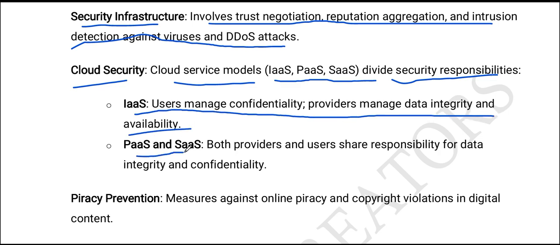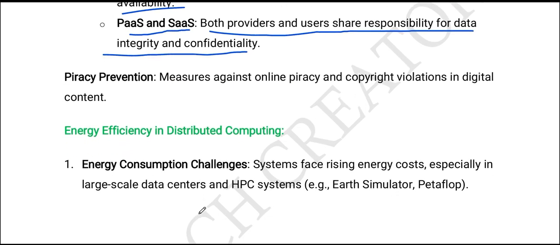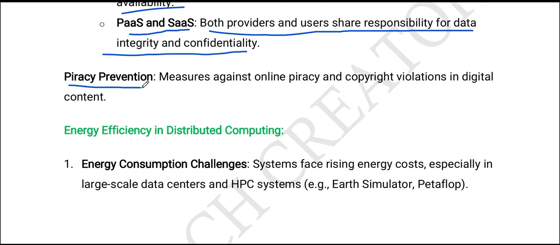In platform as a service and software as a service, both providers and users share responsibility for data integrity and confidentiality. Next is piracy prevention: measures against online piracy and copyright violation in digital content.